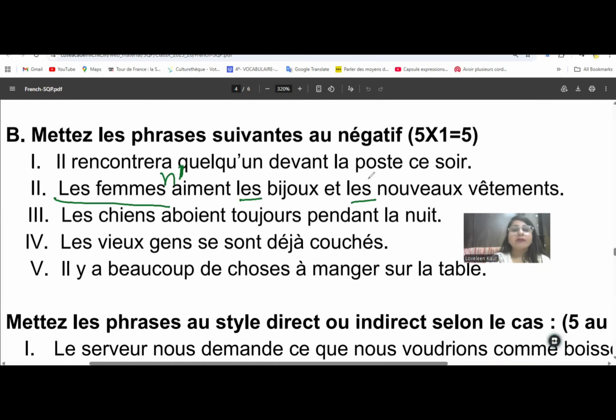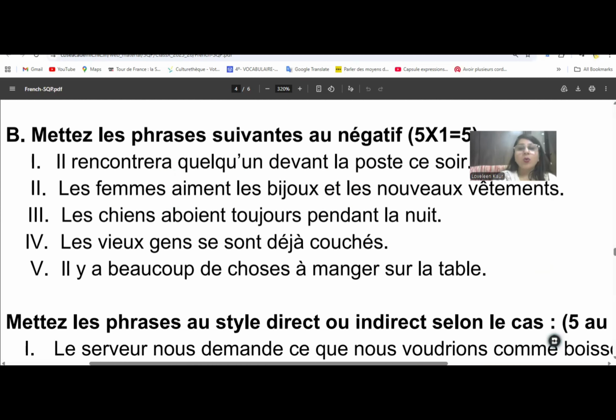So it is "les femmes n'aiment ni les bijoux", this "et" will go, "ni les nouveaux vêtements." Okay. "Les femmes n'aiment ni les bijoux, ni les nouveaux vêtements." But this is wrong. I mean, grammatically correct, but otherwise, ladies love new clothes and jewelry, but they have written no.